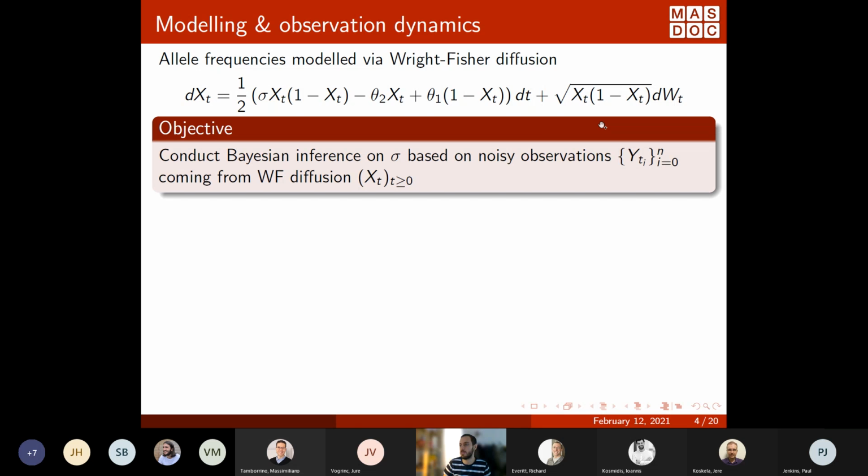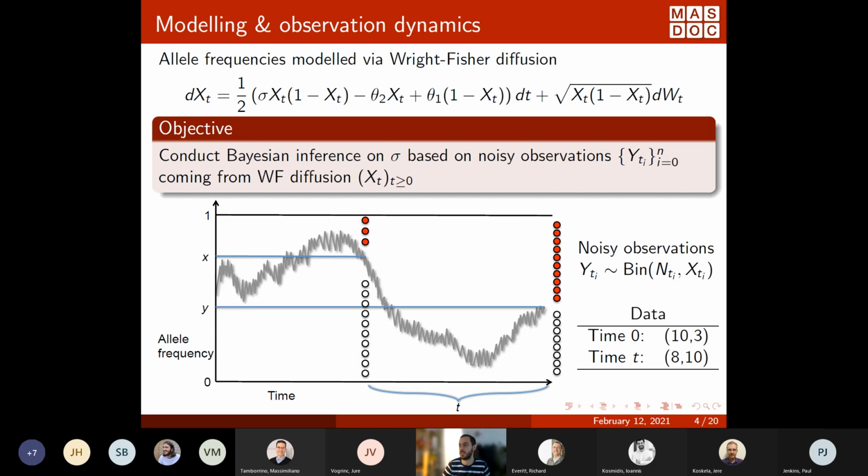But what we want to do is conduct a Bayesian inference on this parameter sigma based on noisy observations which are driven by this Wright-Fisher diffusion. The way to look at it is that we have this underlying diffusion x, this gray path over here. At a sampling time, the true value of X_t is little x, and then we model the observations y_{t_i} as binomial draws with the probability parameter given by the Wright-Fisher diffusion, and the sample size being known.